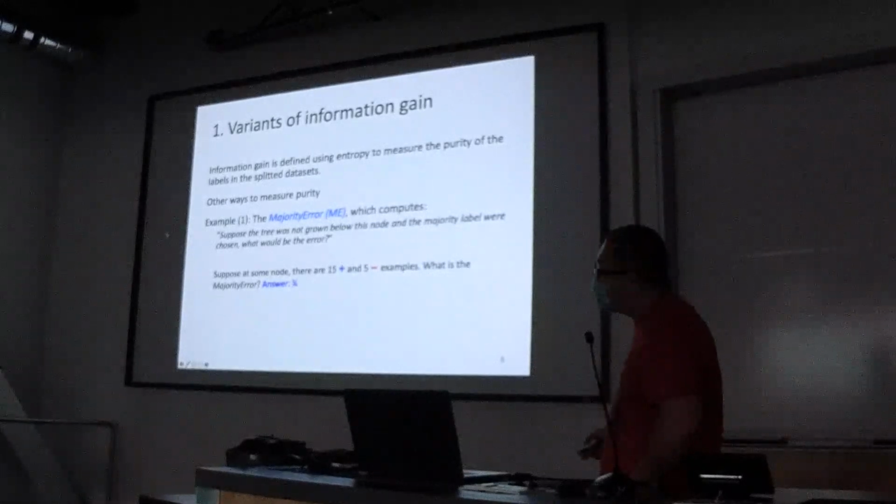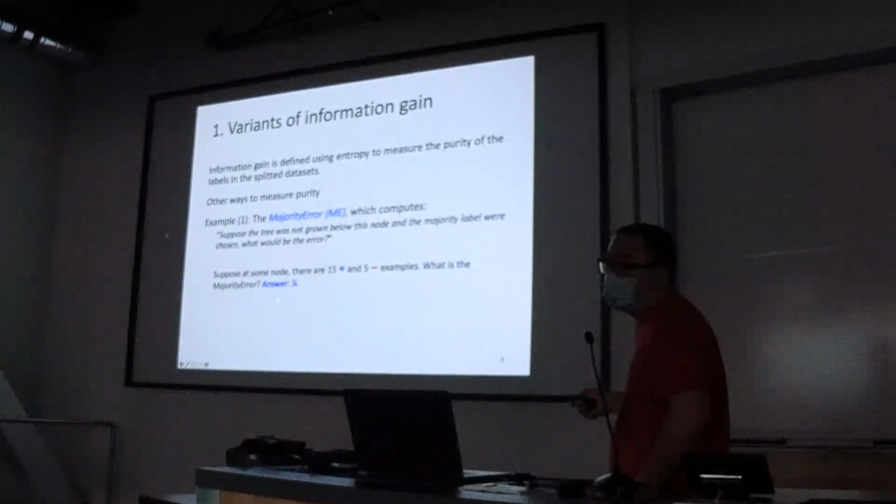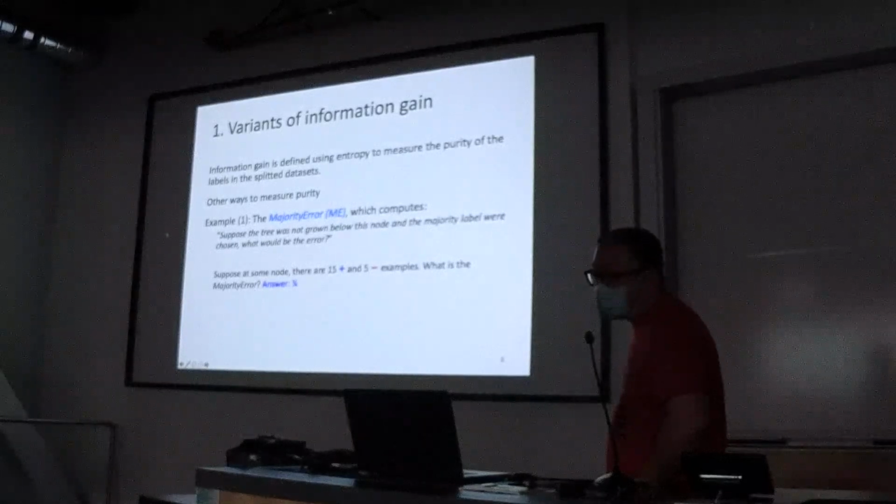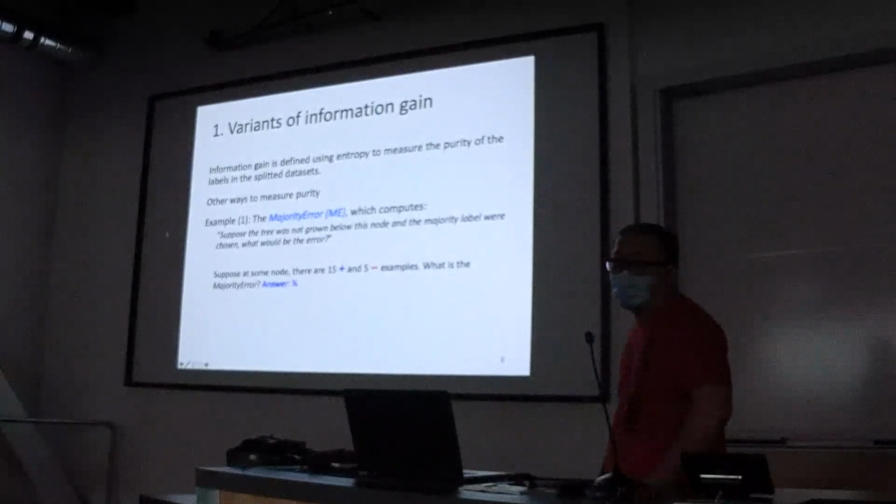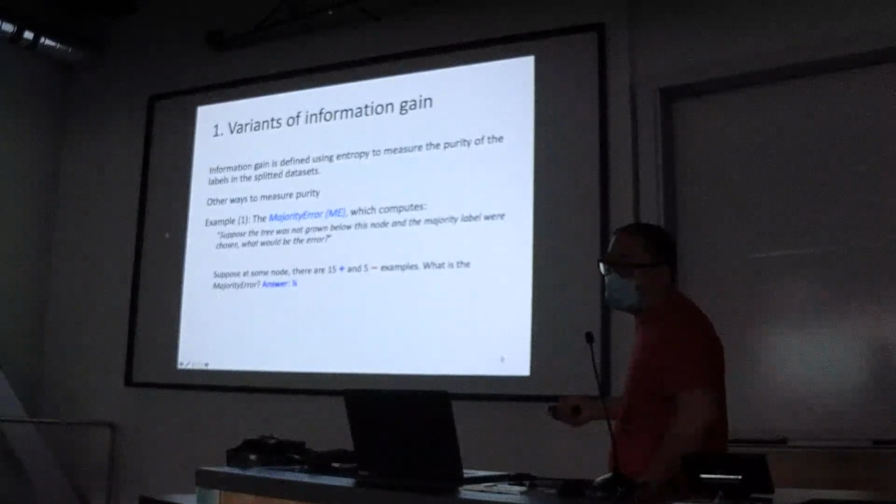Now let us think about why majority error reflects purity. If all the examples have the same label, what is the majority error? 0, right? Because the majority label is the correct label for every example, you have 0 error.